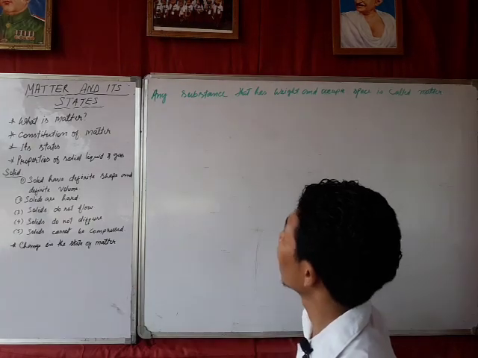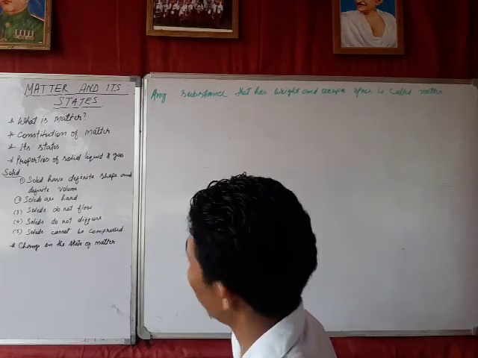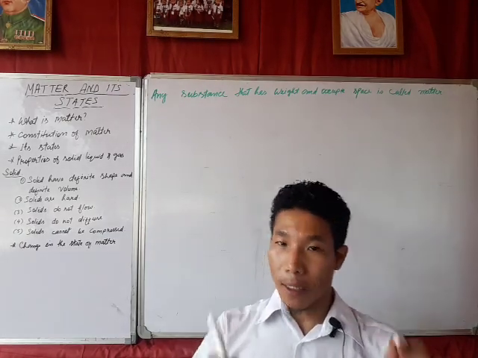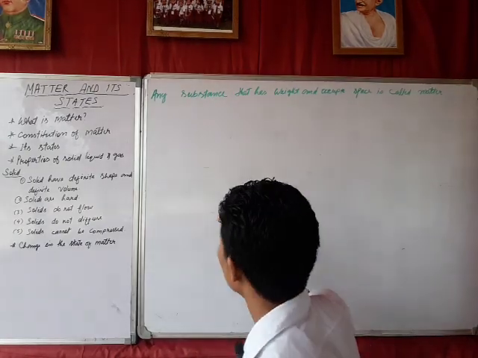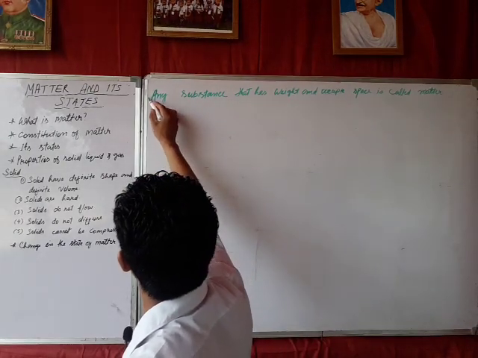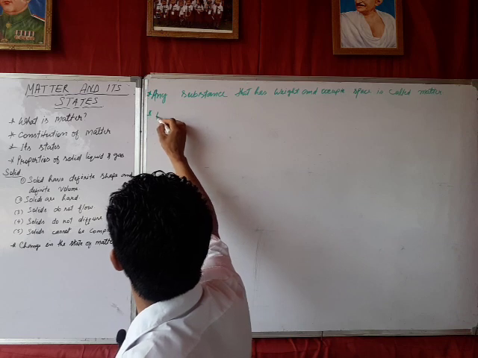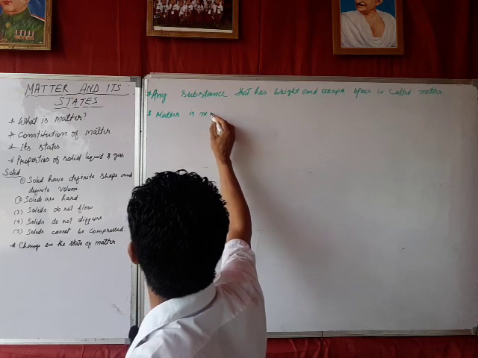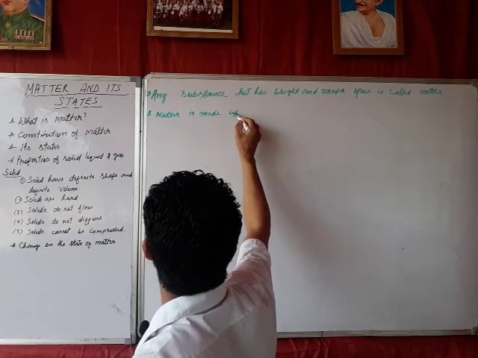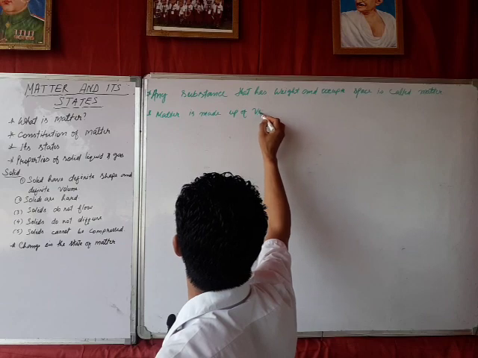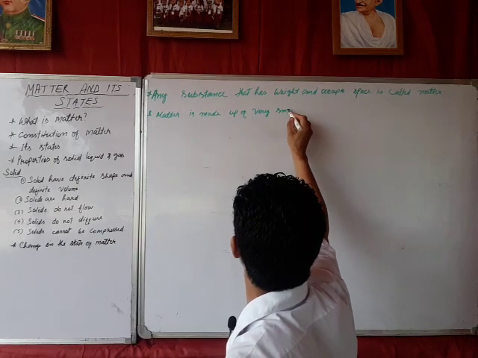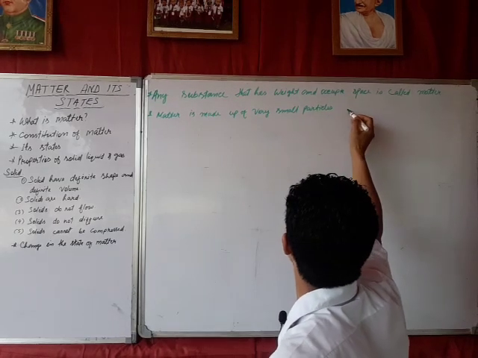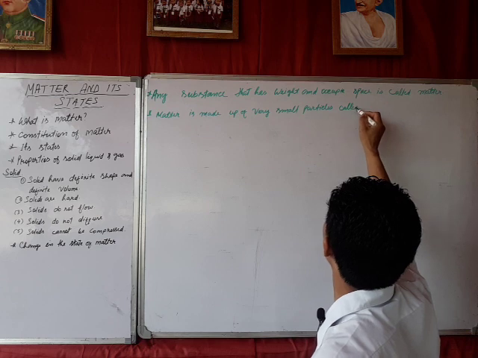Okay, now let's go to the constitution of matter. Constitution of matter means: matter is made up of what? Let me write. This is the first point. Matter is made up of very small particles called molecules.